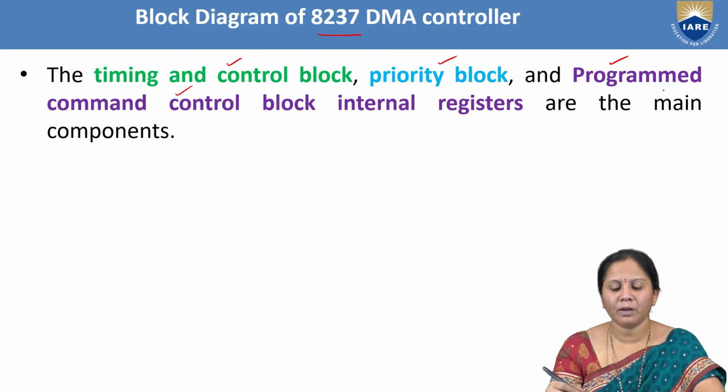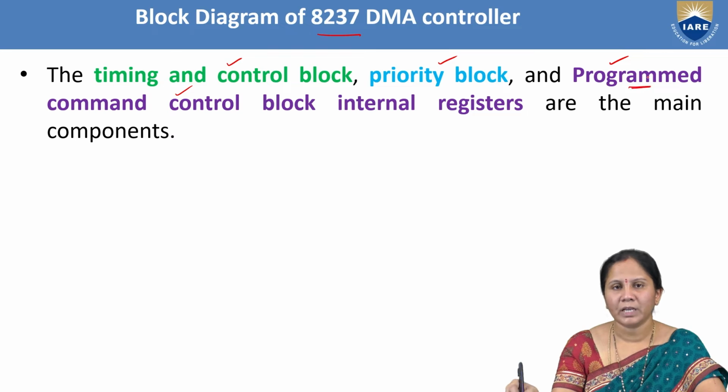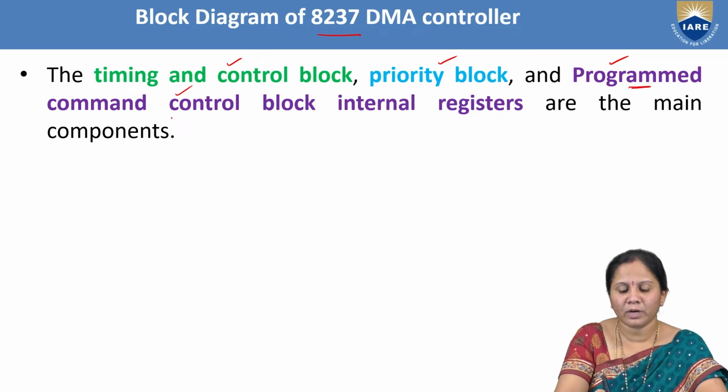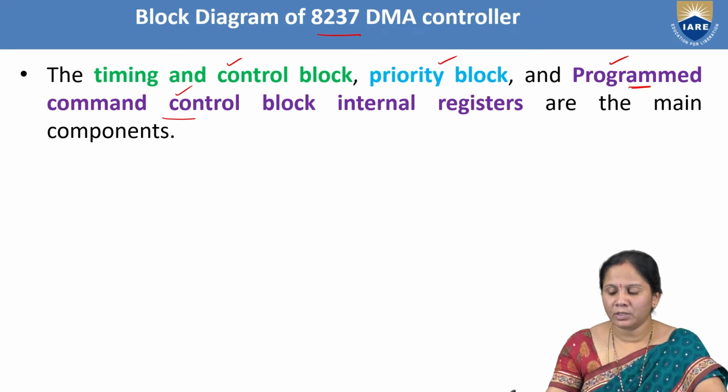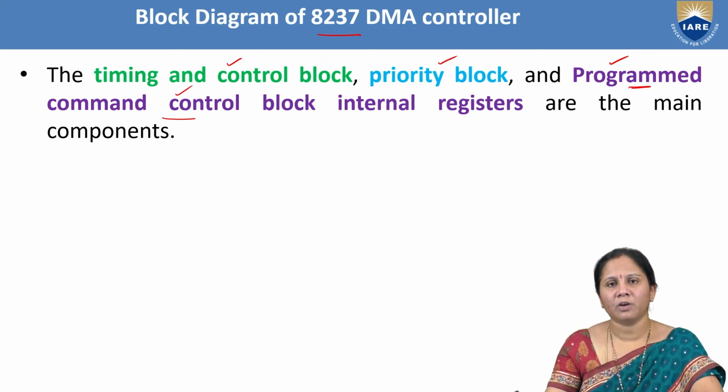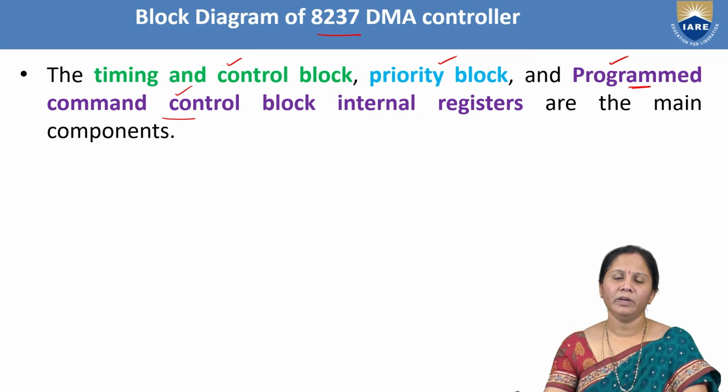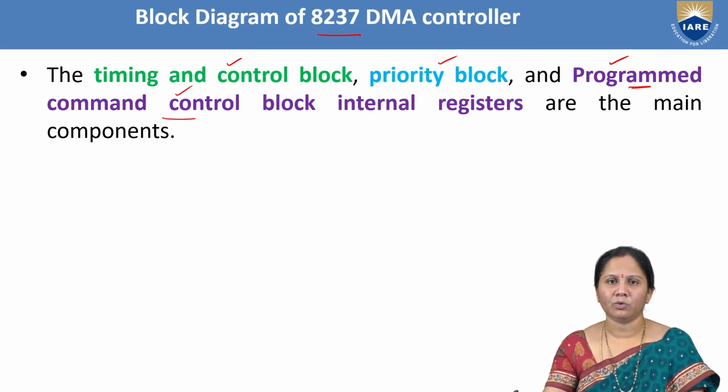In this programmed command control block, all the internal registers will be there, like the address register and count register. All these internal registers are considered as one block, the programmed command control block. These are the main components available in the block diagram of the 8237 DMA controller.